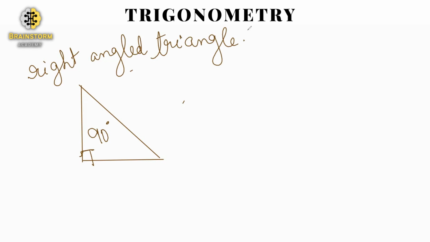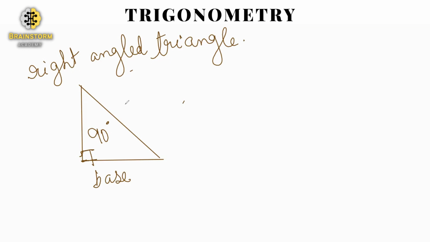Before that, let's come to the basics of a right angle triangle. In a right angle triangle, the part on which the triangle is actually based, that side is called the base.